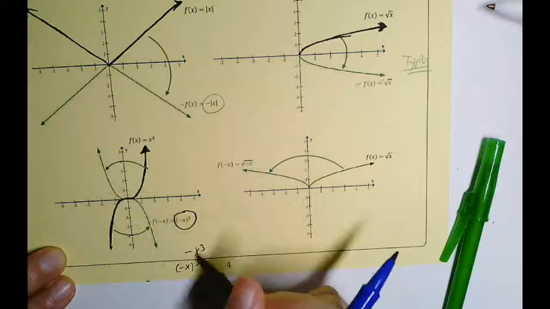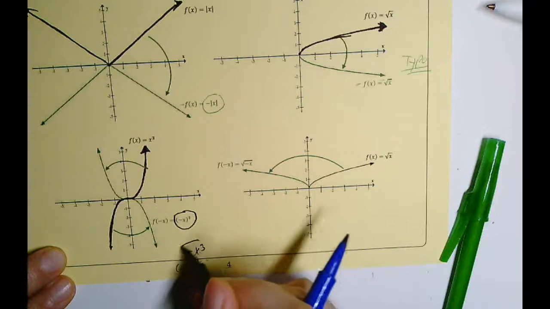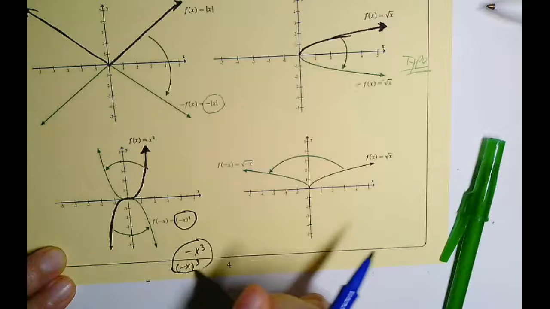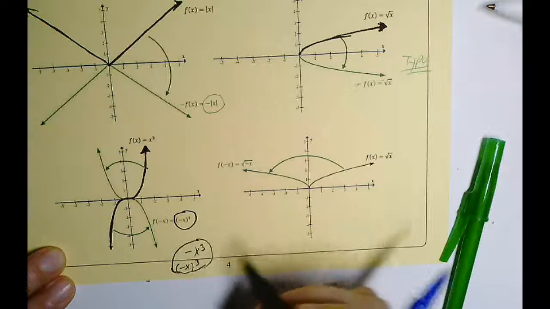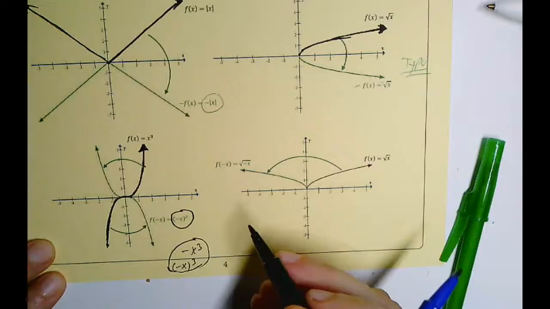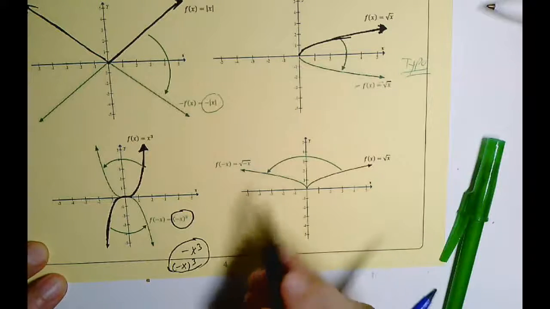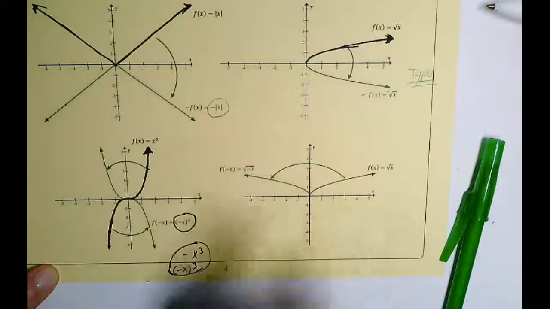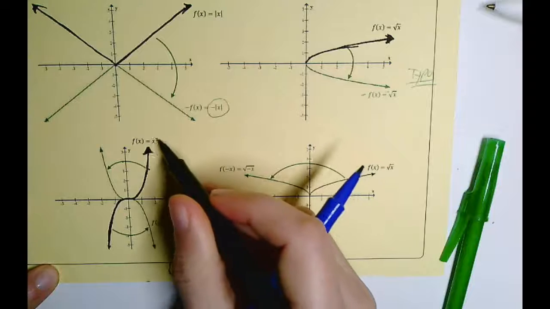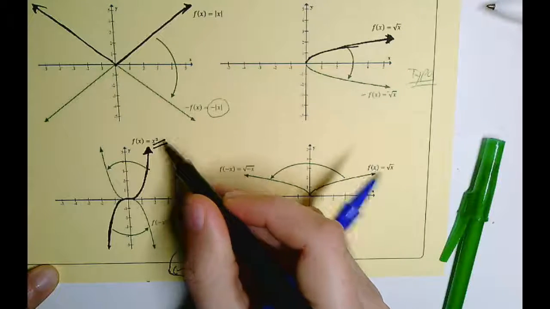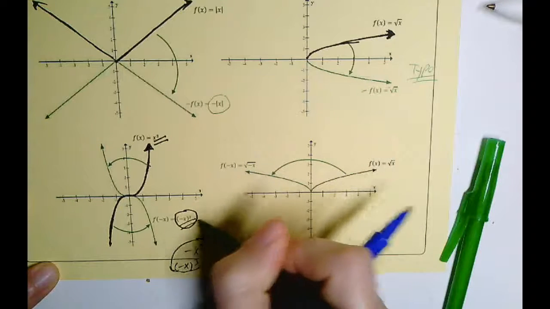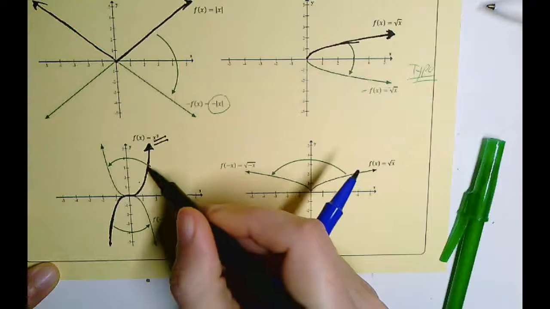This is because this is an odd function and it has symmetry with respect to the origin, if that rings a bell. But if I have the graph of x cubed and I want the graph of negative x cubed, I just take this graph and reflect it over the y-axis.